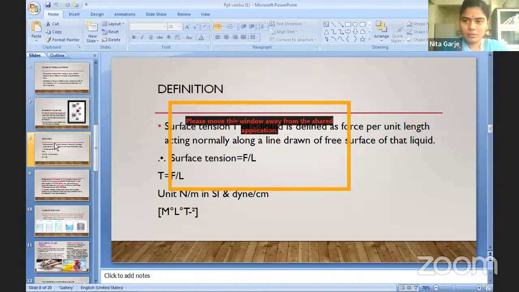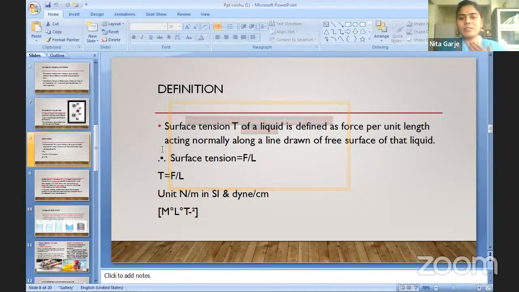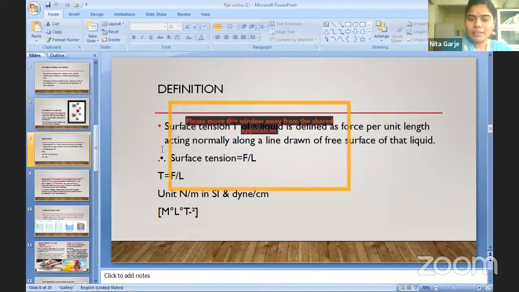So the surface tension is F by L, and it is denoted as T, so T is equal to F by L. In SI unit it is Newton per meter, and in CGS unit dyne per centimeter. The dimension of surface tension is M1 L0 T minus 2.